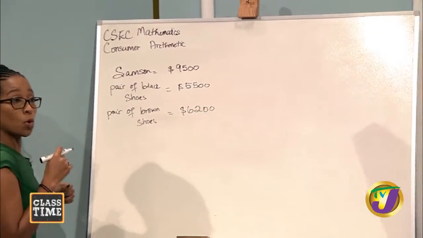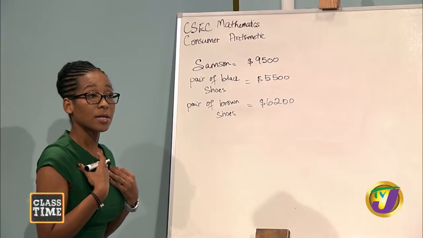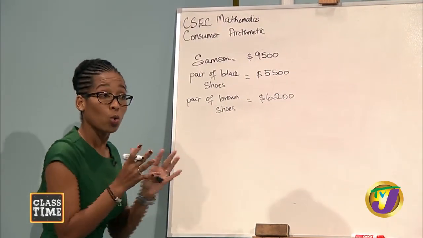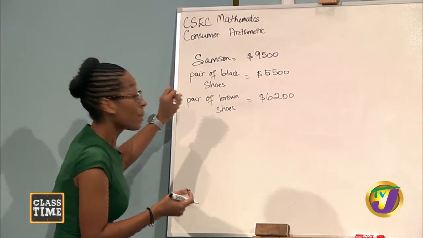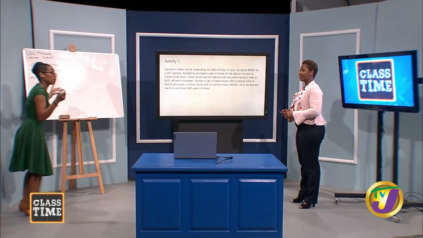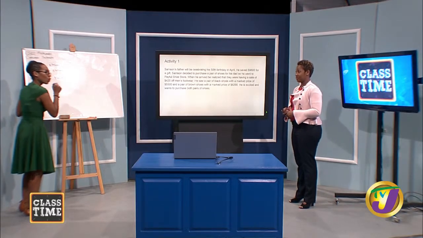All right. So you know what I'm going to do first? I think I'm going to get a whole heap of discount if I find my total first. If I just add my black shoe and my brown shoe, I put them together to find out how much money he would really spend. Go ahead. Then I use my coupon.